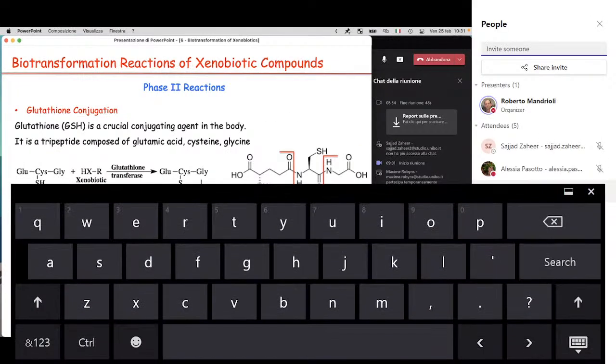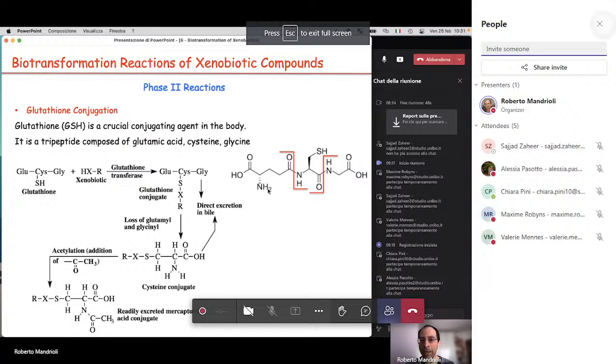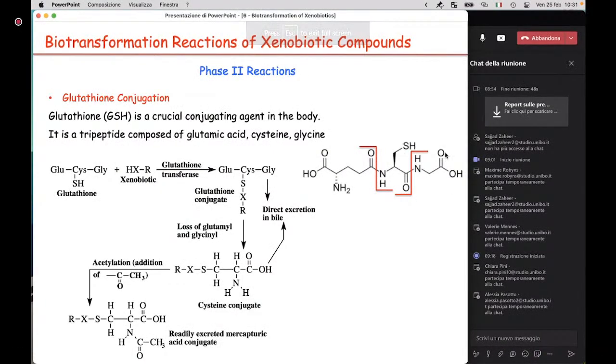It is exactly glutamine, cysteine, and glycine. Of course, connected through peptidic bonds with a small modification, because usually this bond should be between this nitrogen and this carboxylic group, okay?